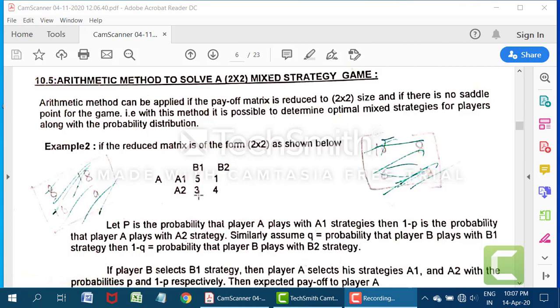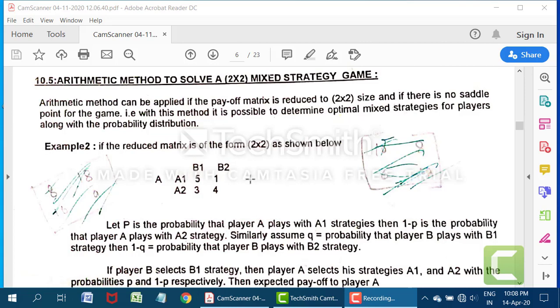Similarly, first column maximum 5, second column maximum 4. The minimum of these maxima is 4. So minimax is 4 and maximin is 3, which means that minimax is not equal to maximin, hence there is no saddle point for the game.